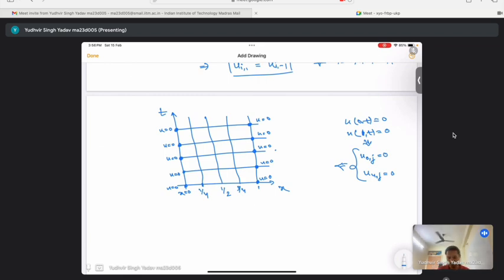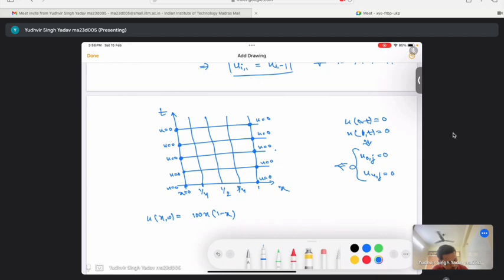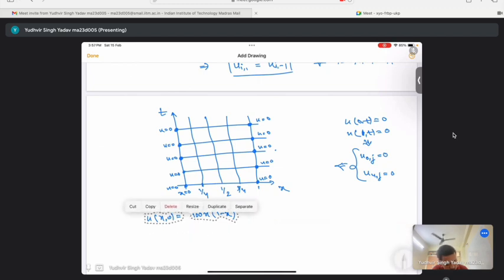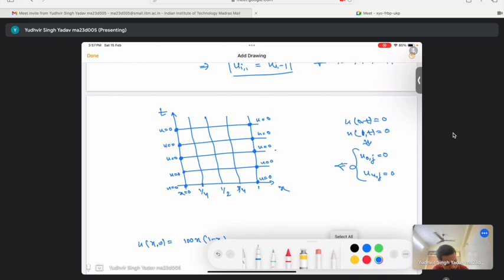And for the remaining terms, we have u(x, 0) equals 100x(1 - x). So this is our initial condition.